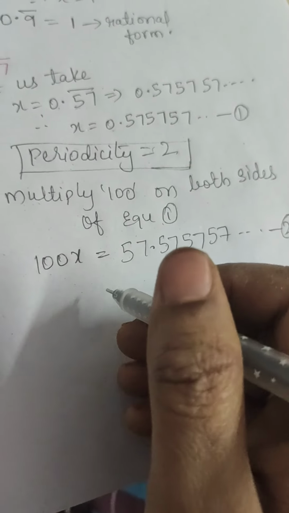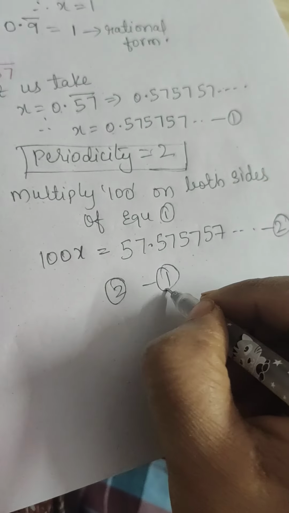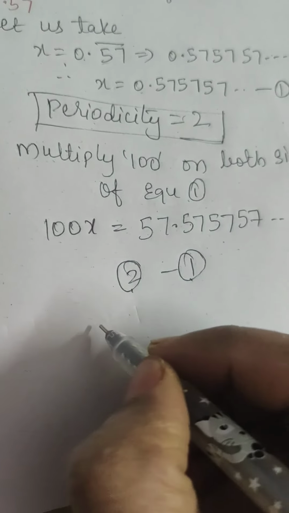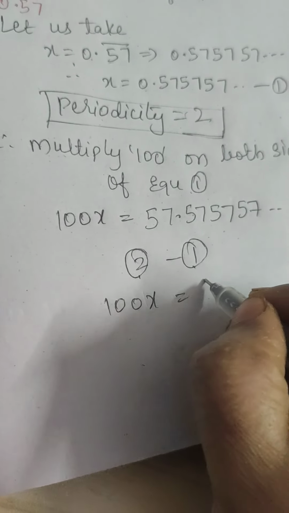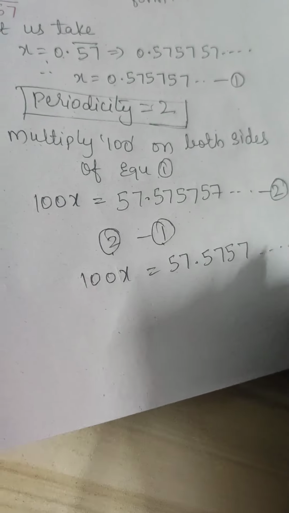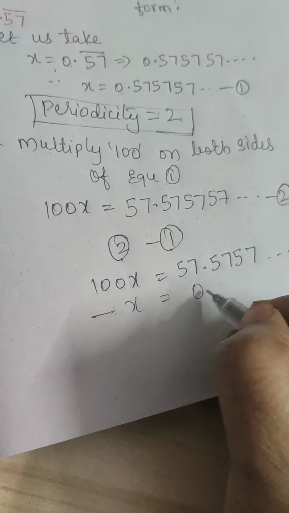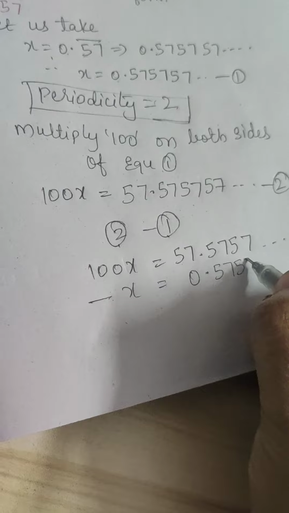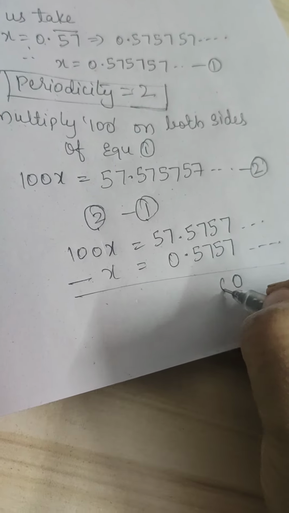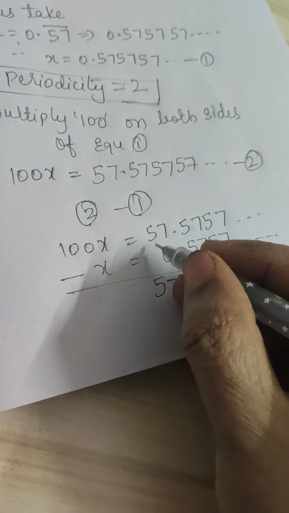Now subtract the first equation from the second equation. 100x is equal to 57.5757 and so on, minus x is equal to 0.5757 and so on. 7 minus 7 is 0, 5 minus 5 is 0, 0, 7 and 5.